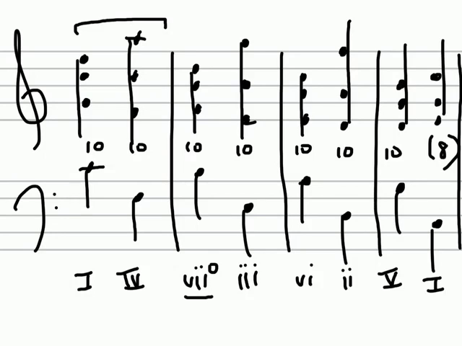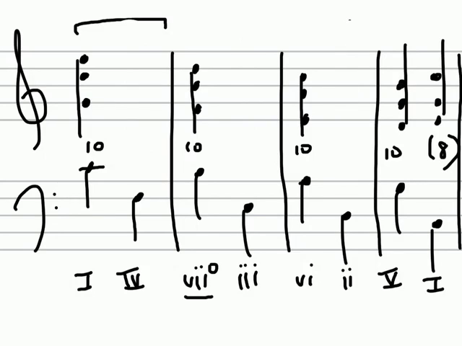Okay, let me revisit this. And notice that I'm only erasing the upbeats. And now instead of going to a tenth, I'm going to go to an octave on the offbeats.